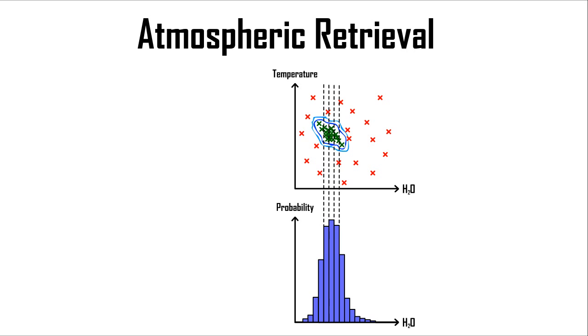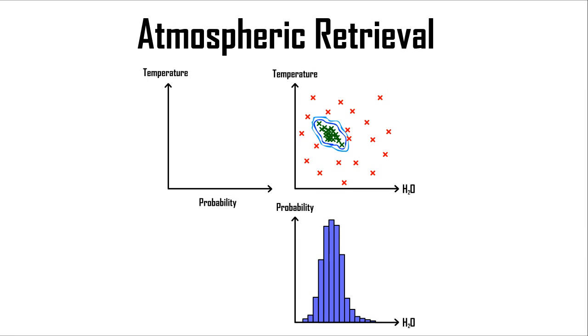Because the statistical algorithms that we use tend to cluster around the regions that fit the observations. And so there'll be many more models closer to the actual value of the water that the planet has. And so what we see, when we plot a histogram like this, is we get a peak centered on the true value of the water of the planet.